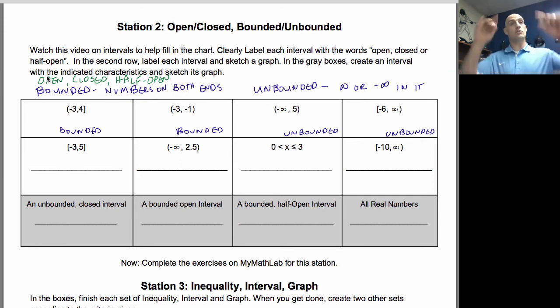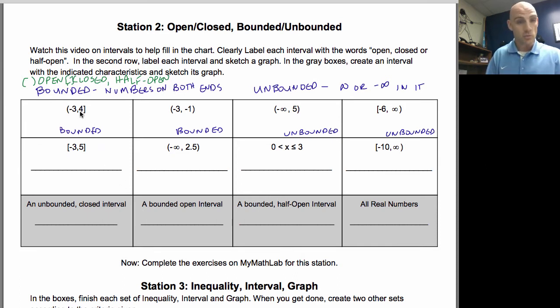To be closed would be to include the number. So my open ones have parentheses. My closed ones have brackets. My half open one has one of each. So this one would be half open. Okay, this one's half open because it has half that's open, the other half is closed. This one would just be open because it has two openings.